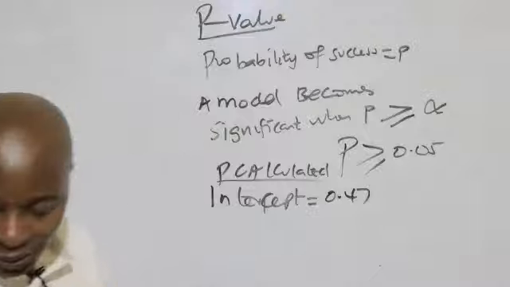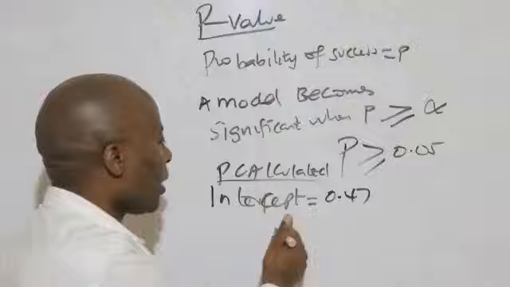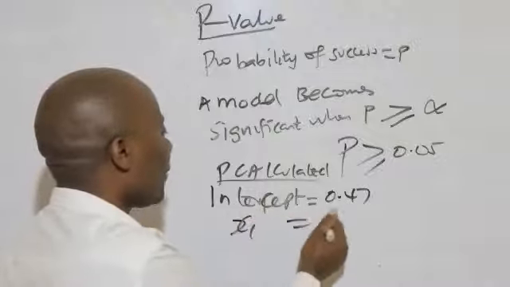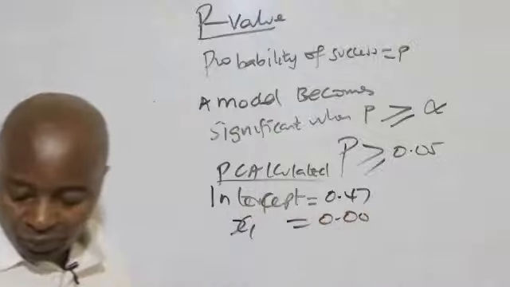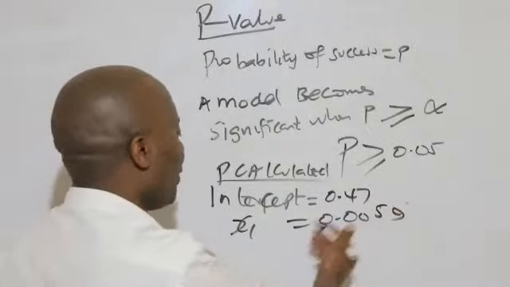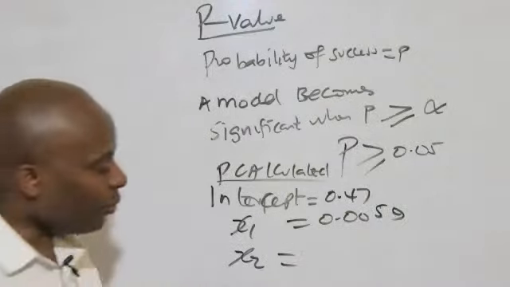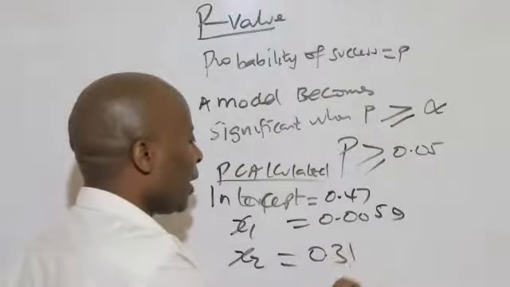Ladies and gentlemen, we go to the next one. Next one, which is x1, is 0.00. Very useless one. 0.0059. X2, which is a size, I can see 0.31, 0.318, whichever.